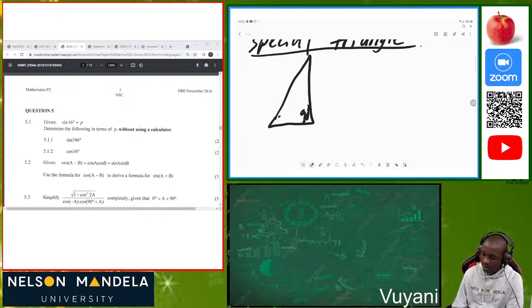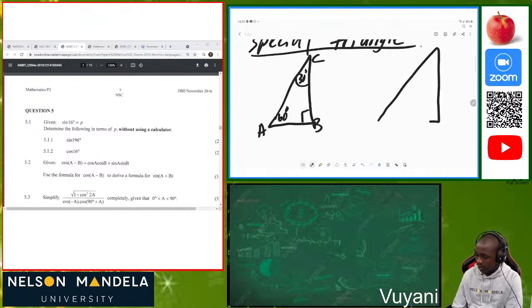(90°). Okay. (60°). 30°. Triangle A, B, C. Then you have this other one as well. 45° and 45°.